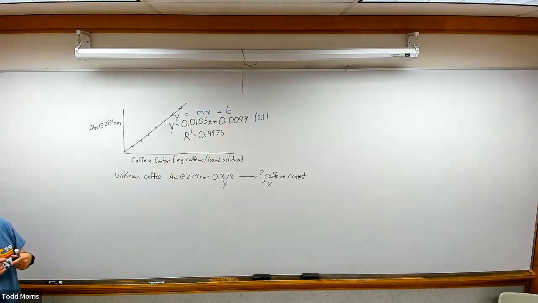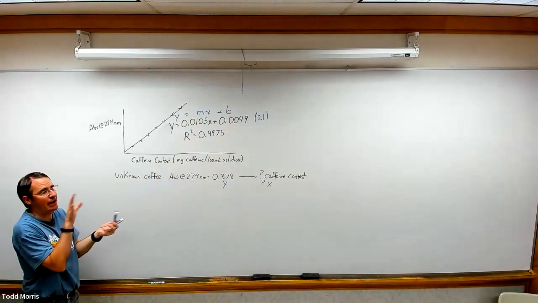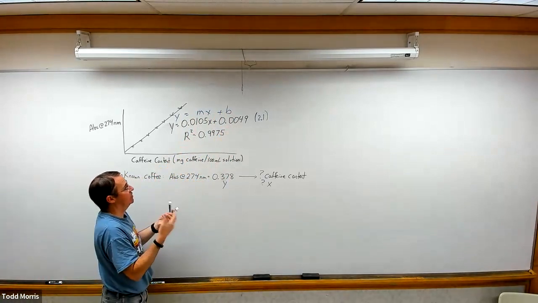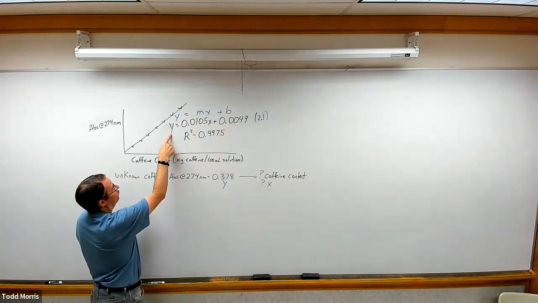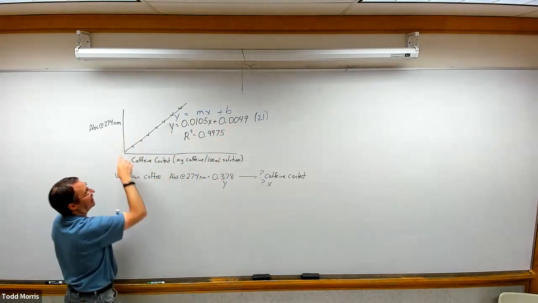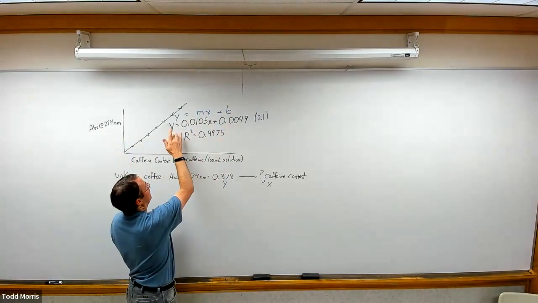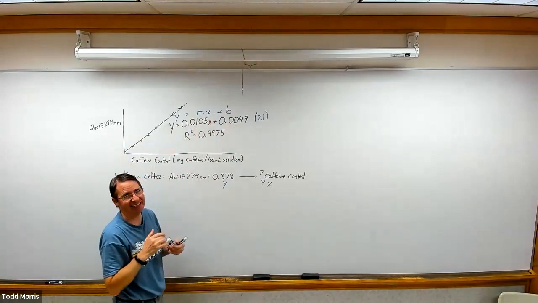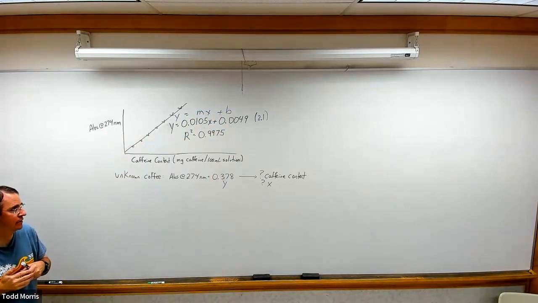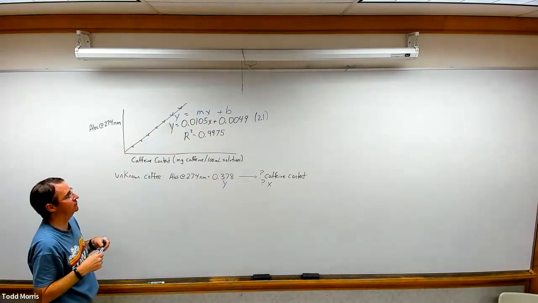What's nice about this equation is that once I have this mathematical relationship, if I then have an unknown solution whose absorbance I'm able to measure, I can then use this equation, plug the value y in, and then calculate for x, estimate then, in this case, the caffeine content of my coffee solution.